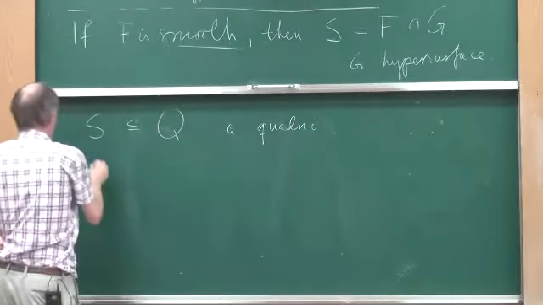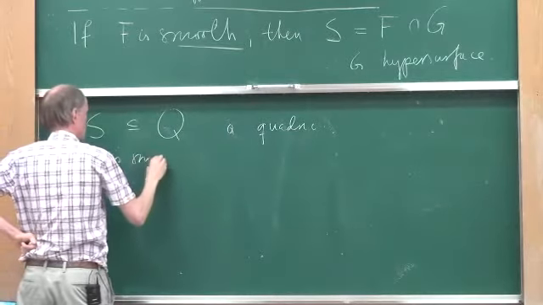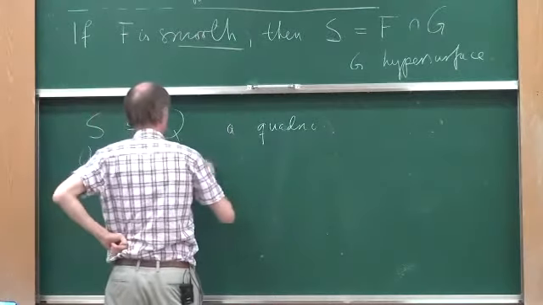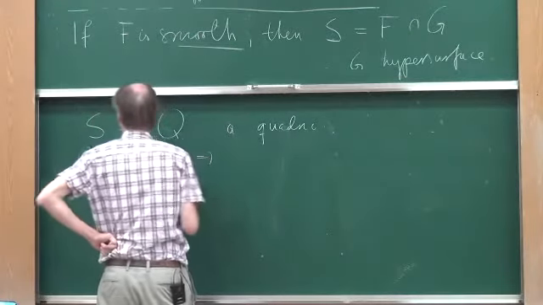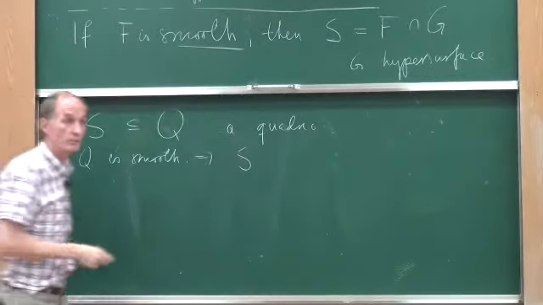So what we know, if Q is smooth, then S is a complete intersection.